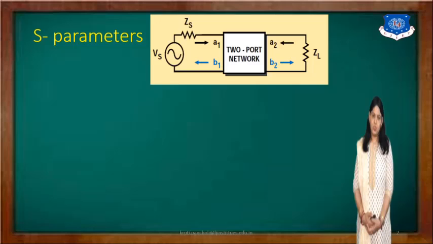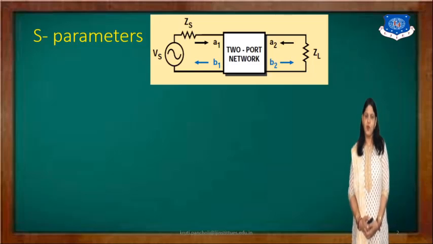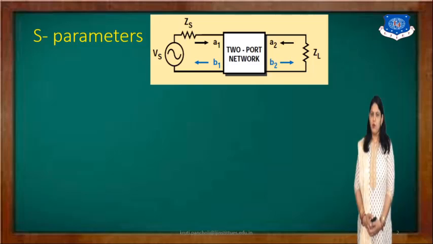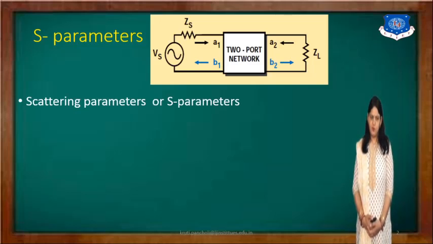Vs is the voltage source, the impedance is Zs, and at the load end ZL is connected. A1 is the input for the two-port network, and B1 is the output. A2 is the input for the two-port network from the load end, and B2 is the output wave.